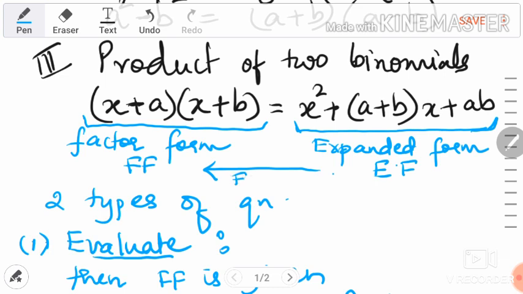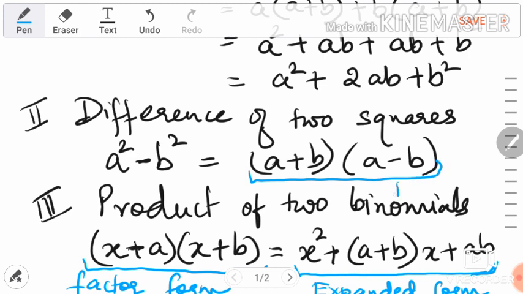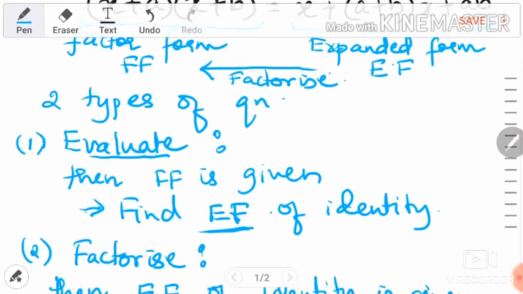This is to factorize. To factorize, we will move from the expanded form to the factor form. So likewise, here this is the factor form of the identity and this is the expanded form. In order to factorize, you will move from expanded form to the factor form. In order to expand or evaluate, you will move from factor form to the expanded form. I hope this is clear.